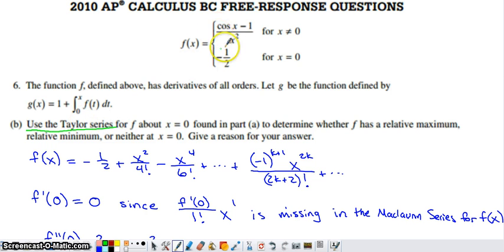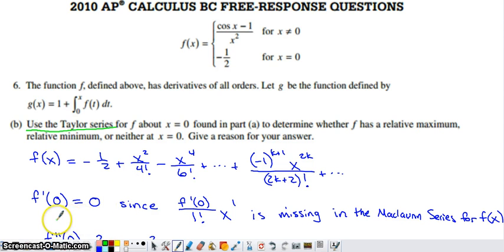So normally what you would do is you'd probably take a derivative of this, you'd probably try to build your sign chart for the first derivative, and you can try to go that route to just decide if you have a relative max, a relative min, or neither. But what's kind of sneaky that you can do with the series here, here's the series that converges to the function f of x.